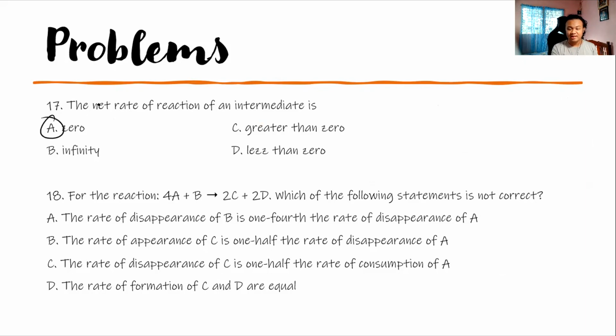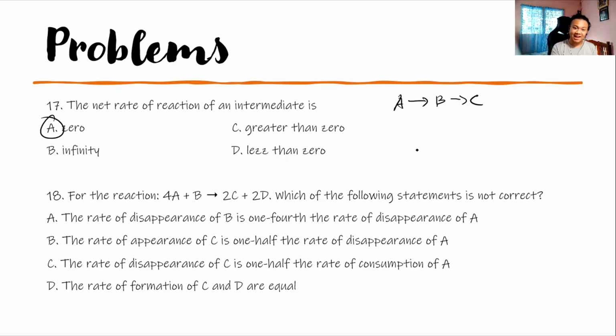The intermediate here is B. You know that B will be produced by A, by transforming A to B, but it will eventually be consumed to produce C. So its net rate of reaction is 0, because it is formed as it is consumed. So the net rate is 0.